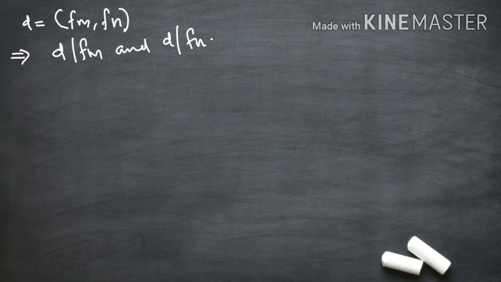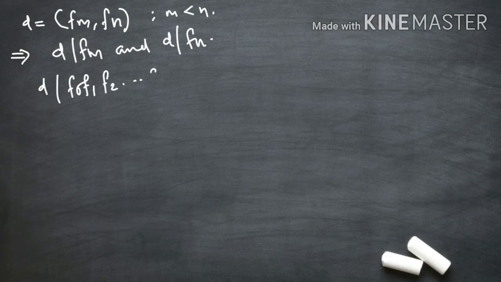Since d divides fm, and we have already taken m strictly less than n, we can say that d divides f0 times f1 times f2 times etc. times fm times etc. times f(n-1). So we will obtain this one. And by Duncan's identity, we know that this is equal to fn minus 2.